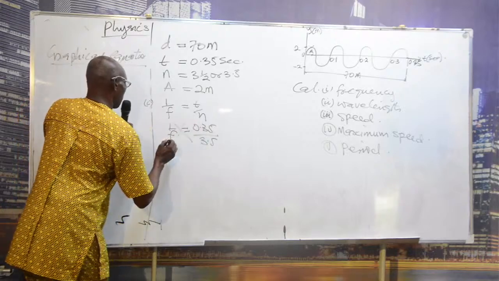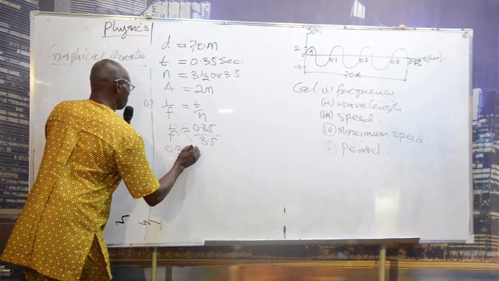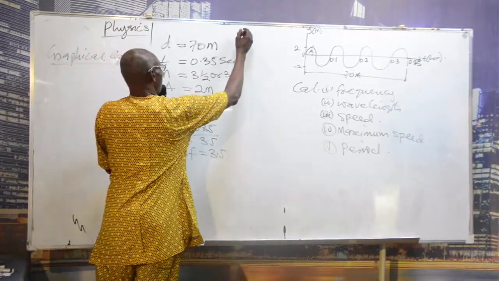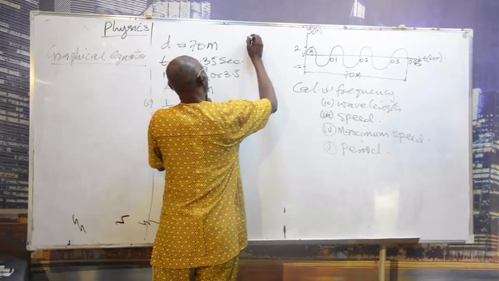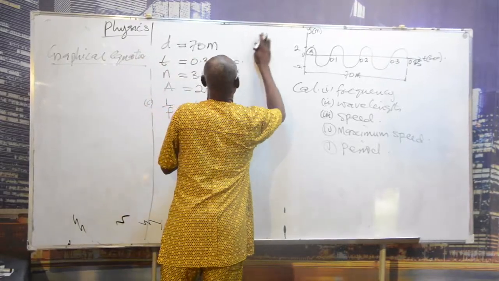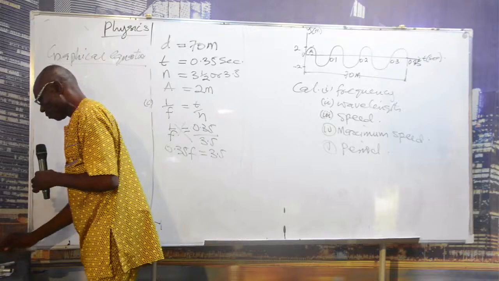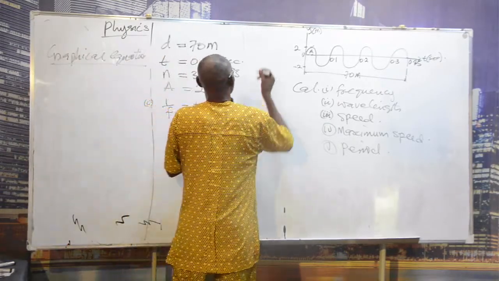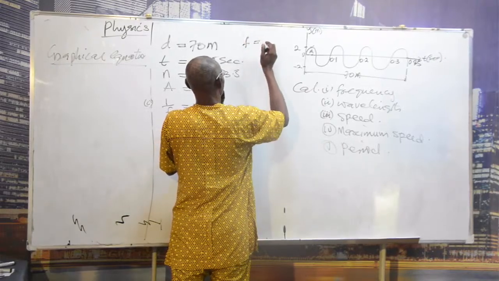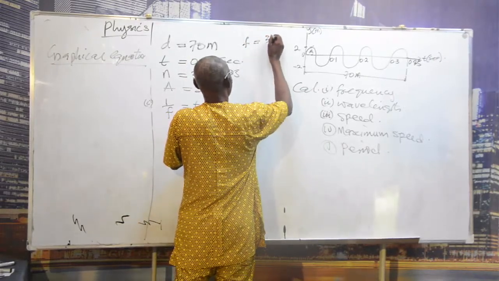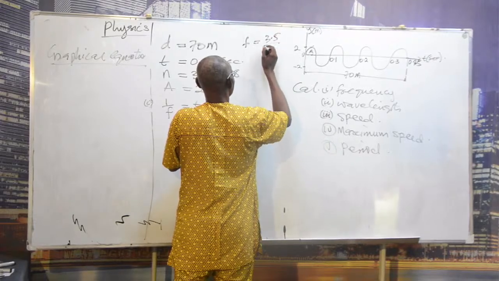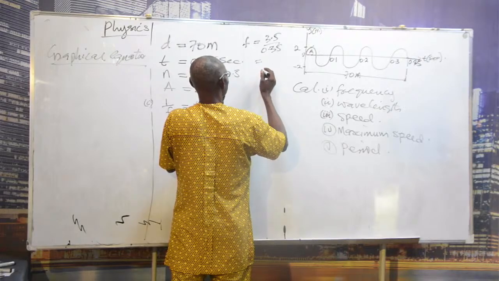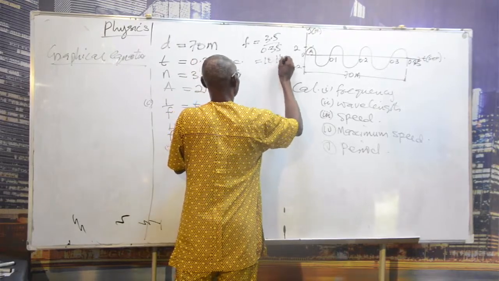This will give me 0.35f equals 3.5. Then the value of f is equivalent to what? 3.5 over 0.35. And the answer will be 10 hertz. That's the answer.